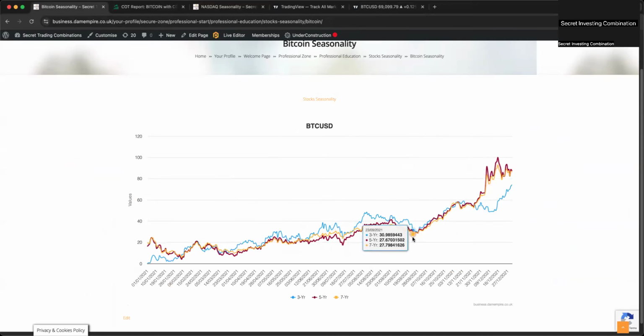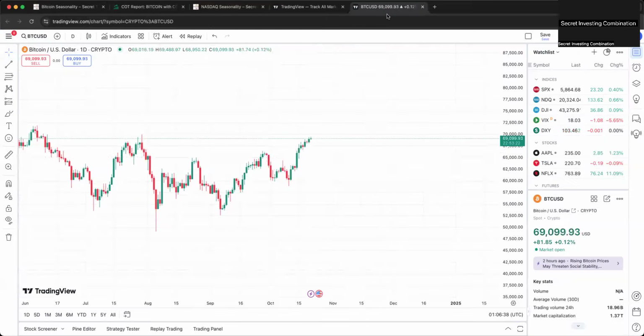When was this? The 23rd. I don't know what the COT report was on the 23rd of 09, but if we check the 23rd of 09, that was around here. That was ideally when it's meant to take off, but we can't tell because we don't know what the COT report for that time was. So if it didn't align, then we can't take that. But it's aligned now.